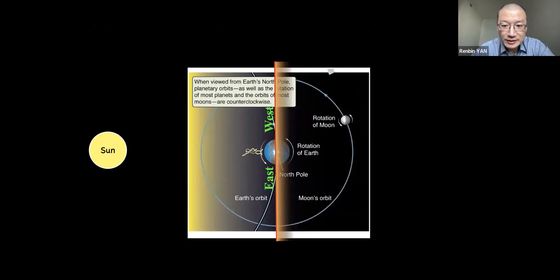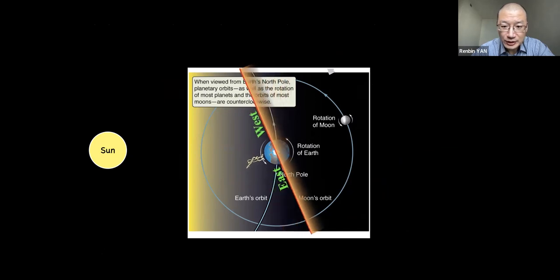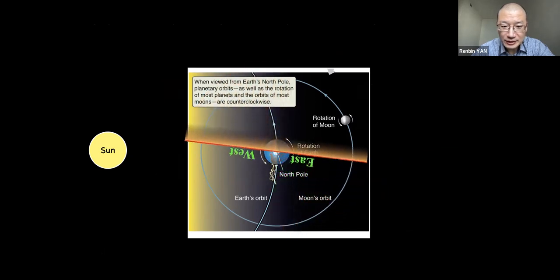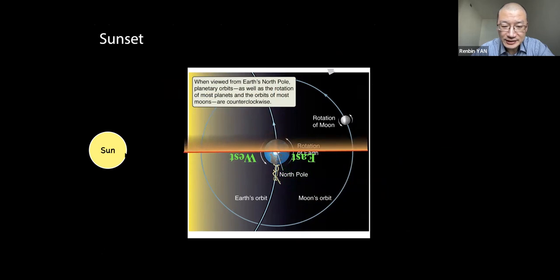So you want to figure out this. Here you see that this is the time of sunset. The sun is moving from above your horizon to below your horizon, right? So when we are moving this way, from our perspective, the sun is going in the other direction, from above horizon to below horizon.